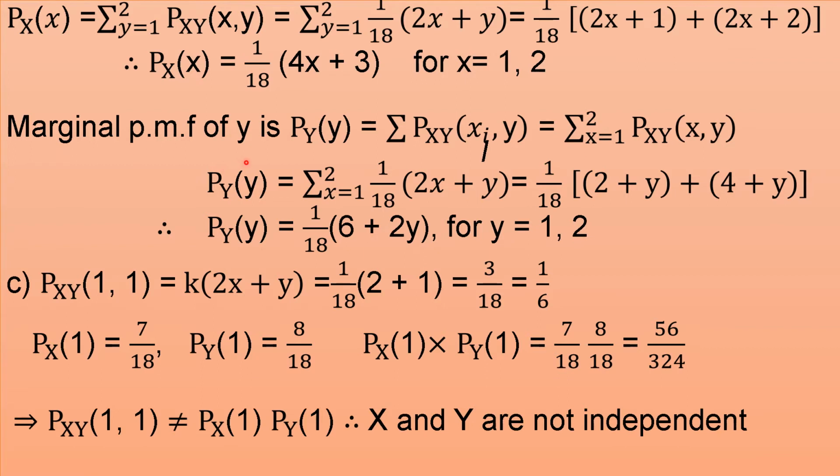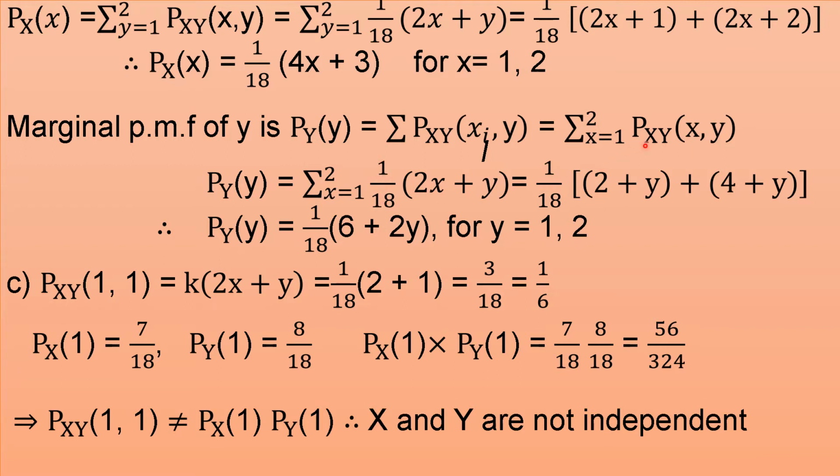Then the marginal probability mass function of Y, similarly p_Y(y), is equal to the summation of p_XY(x, y), where now y is fixed and x varies. So summation of p_XY(x, y), where x varies for x equal to 1 to 2, y fixed, and p_XY for x equal to 1 to 2, y equal to 1 to 2 is k(2x + y), where k is 1 by 18.